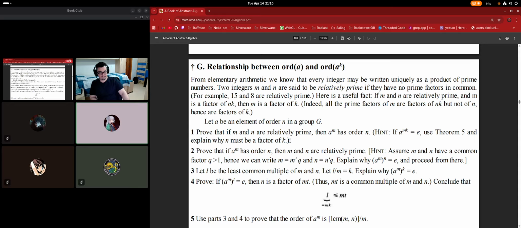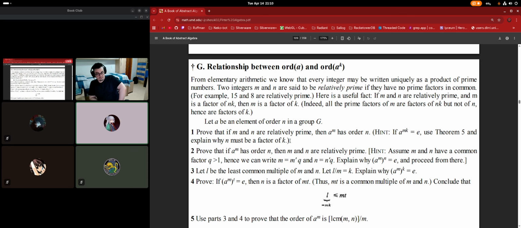Well, you're starting with a to the m, and you want to figure out what's the order of that, right? Clearly, if you do a to the m to some k, and that's equal to the identity, then the order of a to the m needs to be a divisor of k, right?